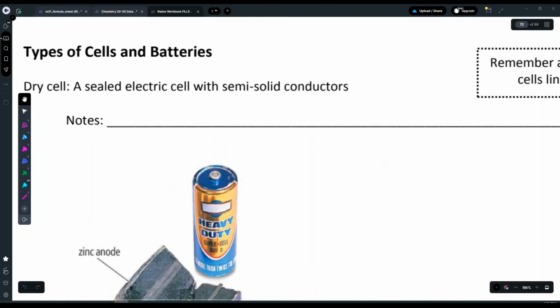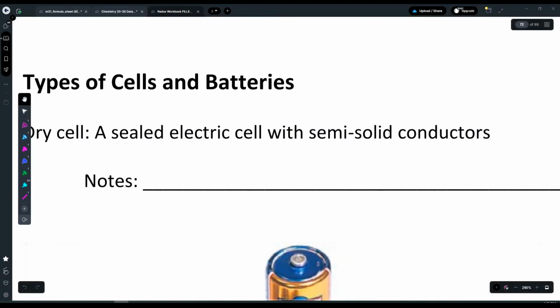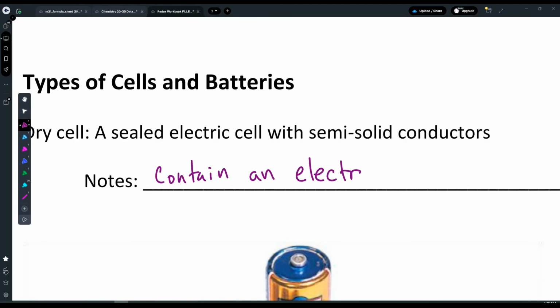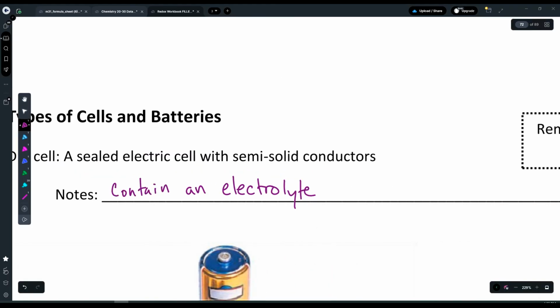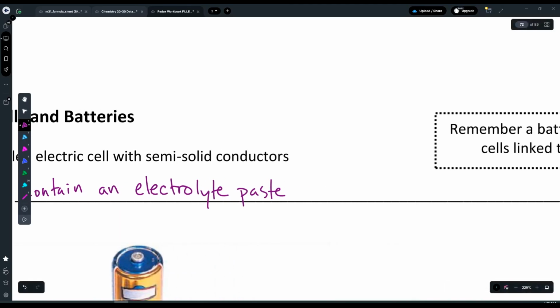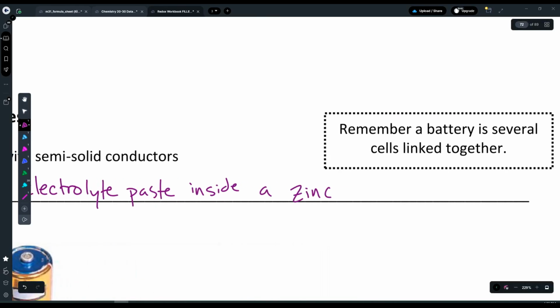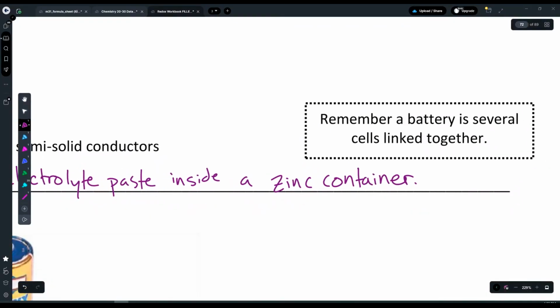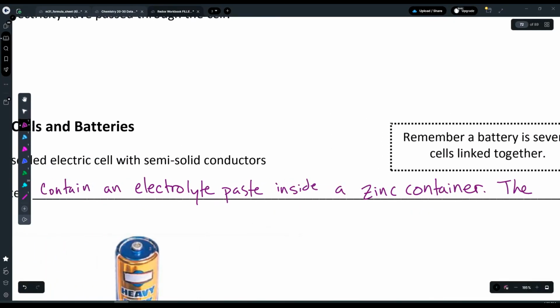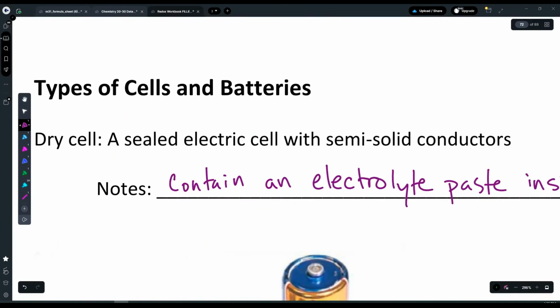Okay, so these dry cells contain an electrolyte paste inside of a zinc container. The zinc container acts as the anode.